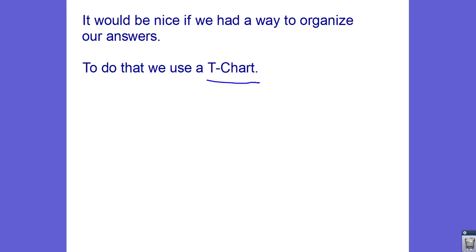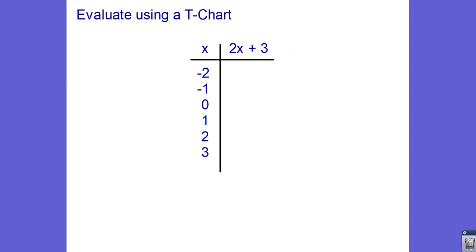Believe it or not, this problem right here can be simplified to this problem right here, where we can use this T-chart in order to organize our information. Now, in order for us to do this, we have to understand what this T-chart says. Because when I look at this T-chart right here, it speaks to me. You want to know what it says?